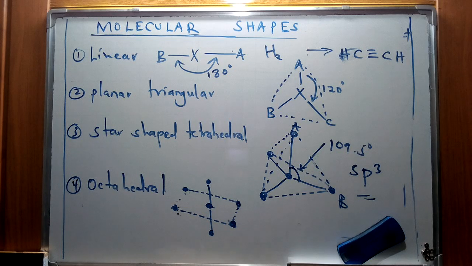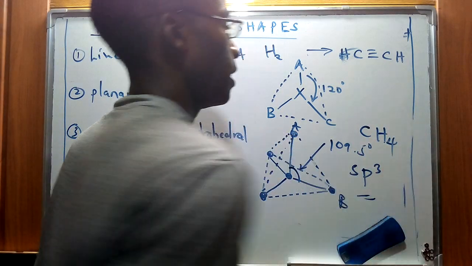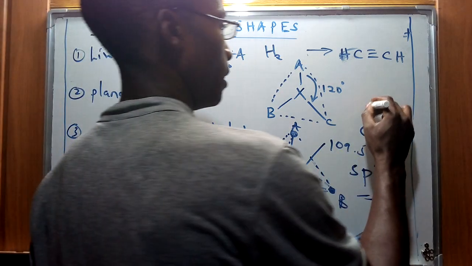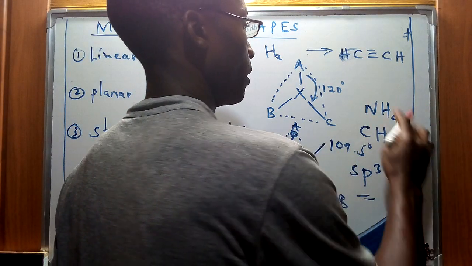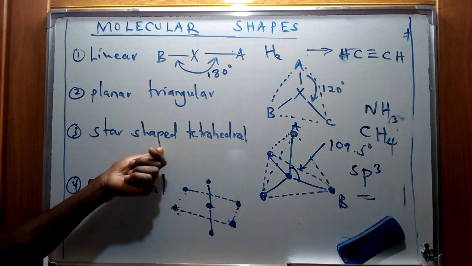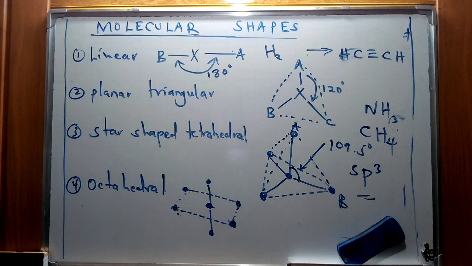For example, I've given one of the examples in my listing, which was CH4. Of course, we can include other molecules like ammonia, which are going to exhibit this characteristic of having this particular shape.